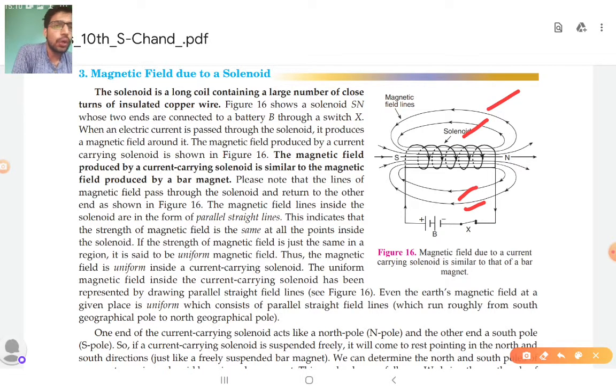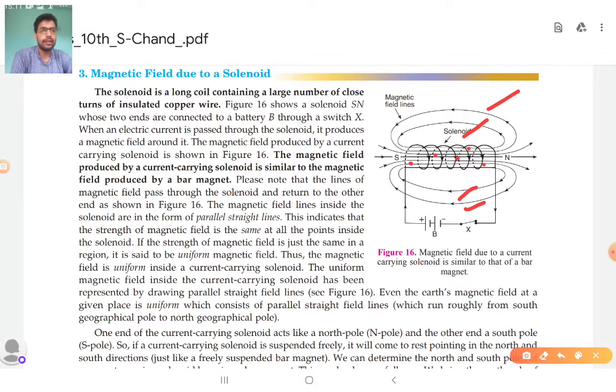And one very important thing to know about the solenoid is that the magnetic field strength is maximum inside the solenoid. This is a very important point. Strong and uniform magnetic field, equal magnetic field, we will find at every point inside the solenoid.